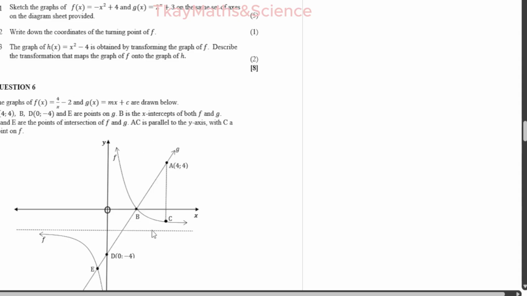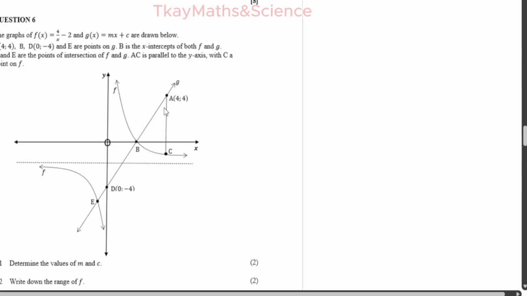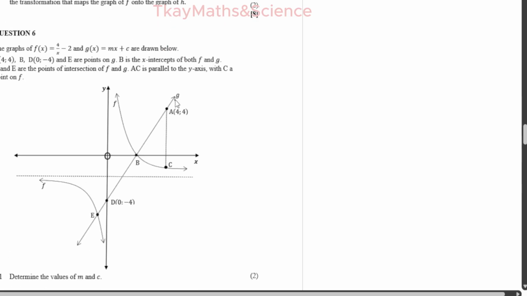So on the graph g, which one is this one here? This one is G, the linear line.